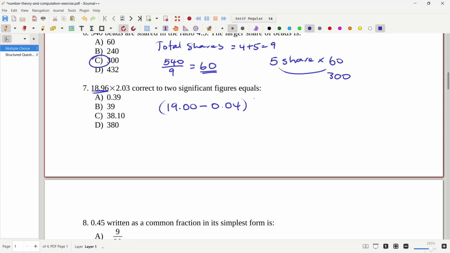Also, if I decide to take this number and write it as 2.00 plus 0.03, I can get that equivalent over here. Now, I just apply the distributive law and it will be faster for me to calculate this rather than calculating this. So let me calculate this with the distributive law.